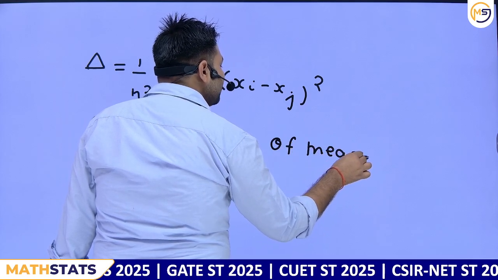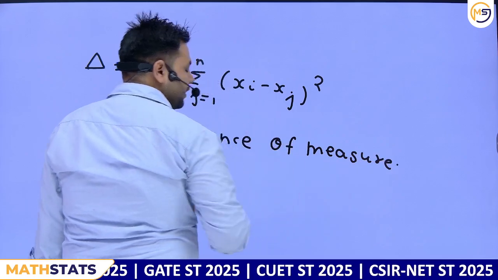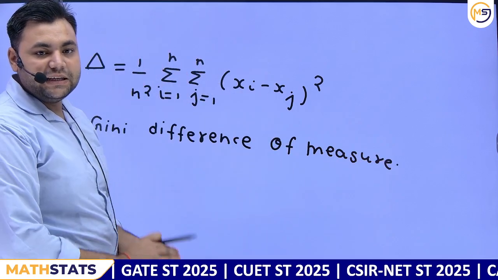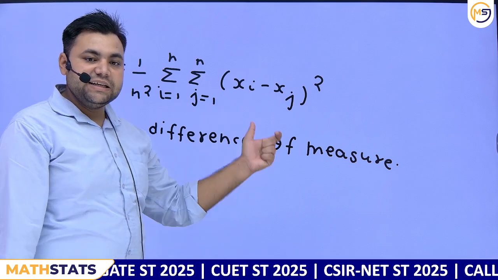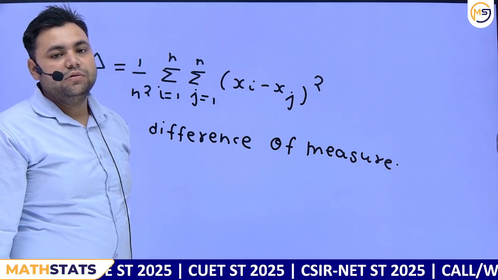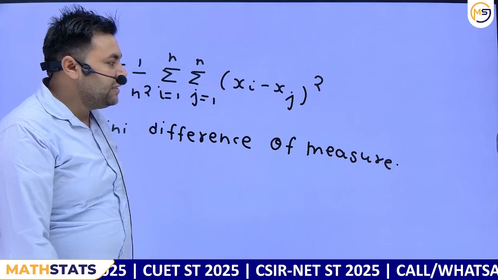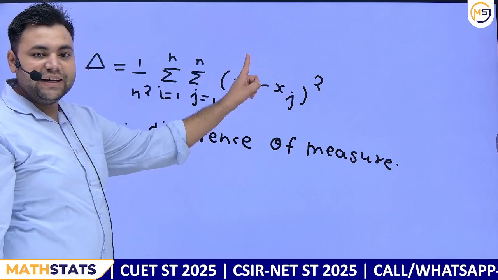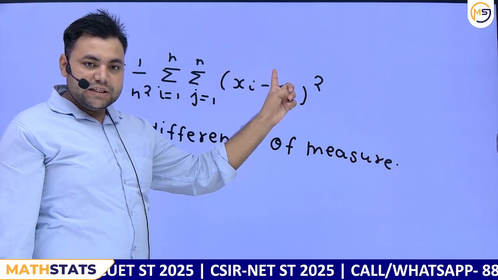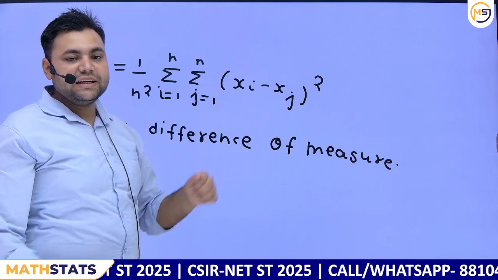So the beauty of this measure of dispersion is that it does not depend on any central value.